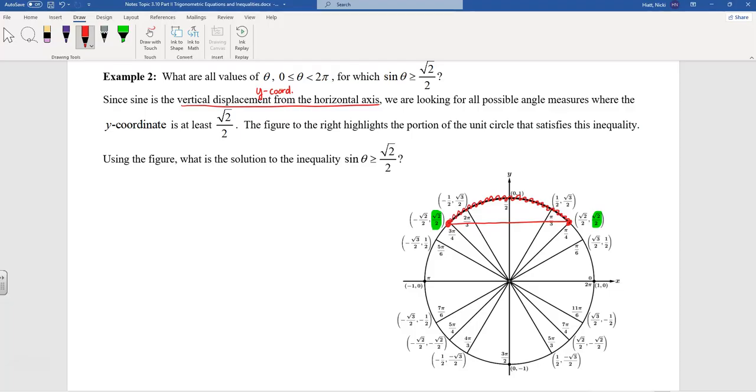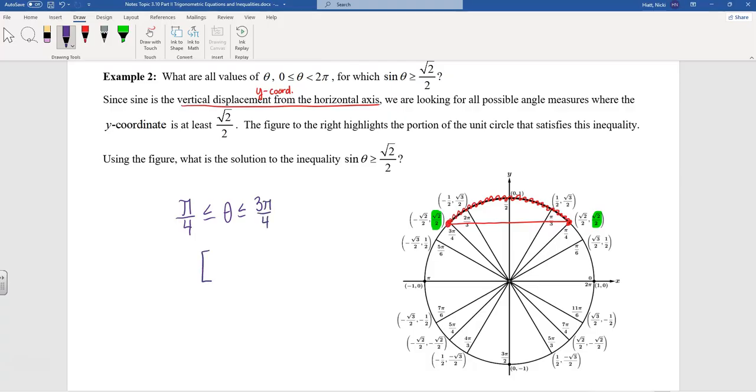So you always want to start where the unit circle begins right here at 0, and then you go counterclockwise. These are not answers. Right here at pi over 4, that's where our answer begins. So we would say pi over 4 less than or equal to theta less than or equal to. Then these are all answers, and right here is where we go back. That's our end point, 3 pi over 4.